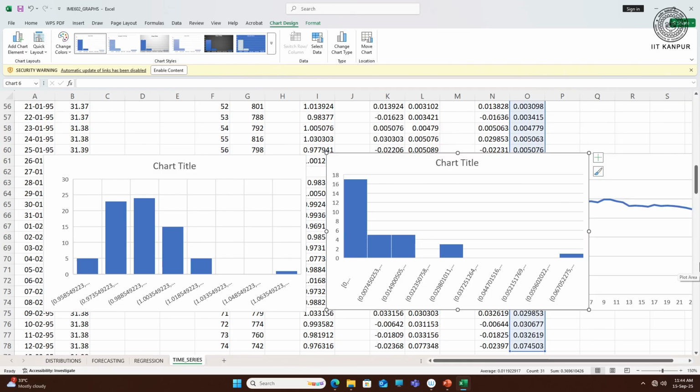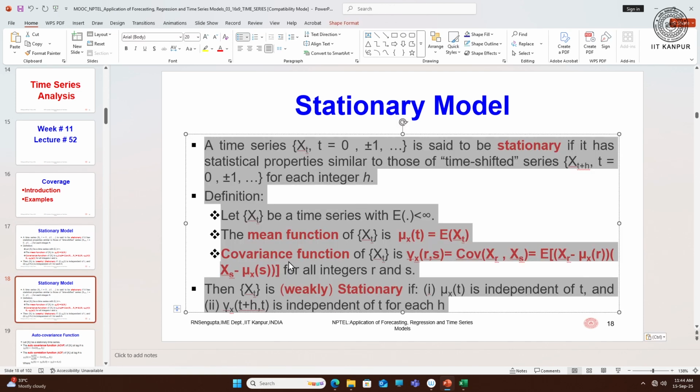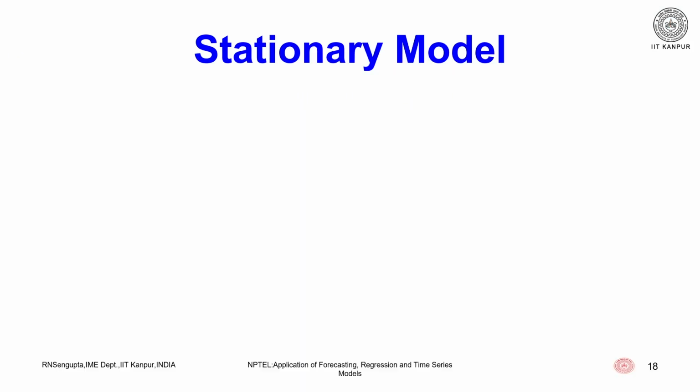If you check the positive or the negative returns, they are skewed, number 1. Number 2, if I look at the distribution, let me open the Excel sheet, here it will be easy for me.